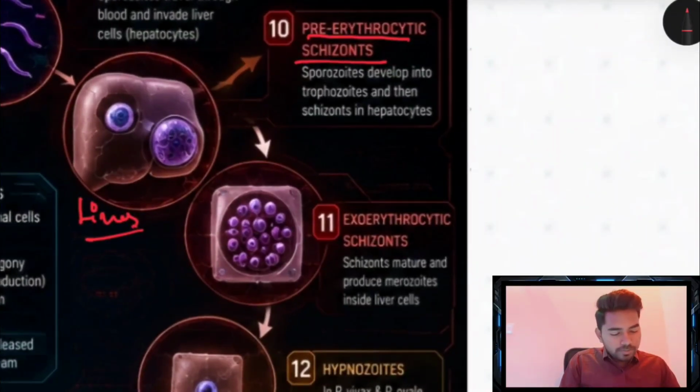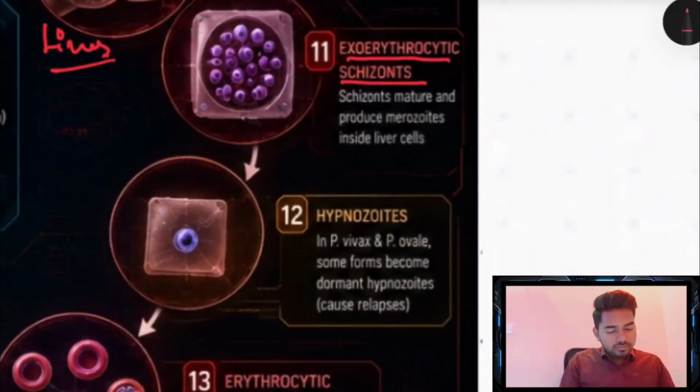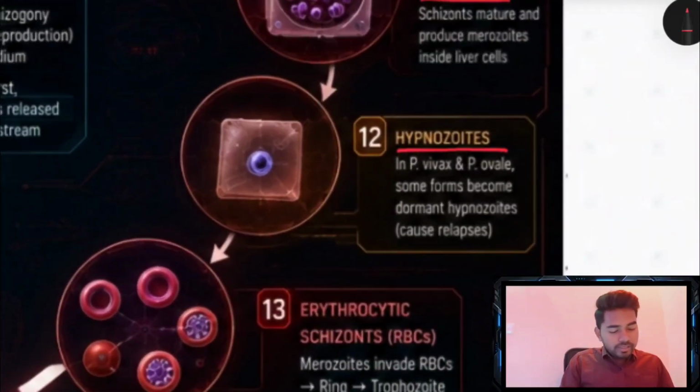Then it will multiply within the liver cells, that is hepatocytes, and it will form exoerythrocytic schizonts. Then the next stage is hypnozoites. Then comes the erythrocytic schizonts.